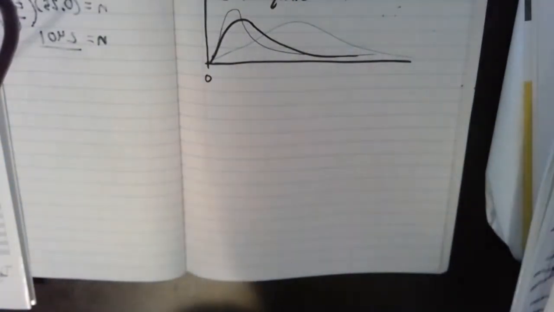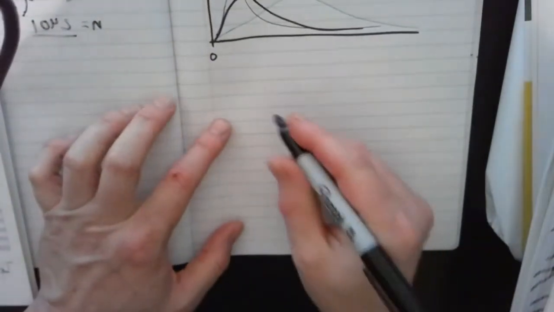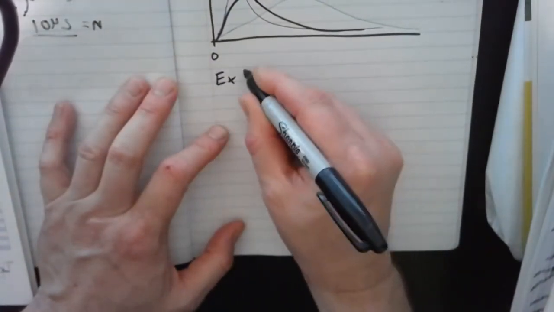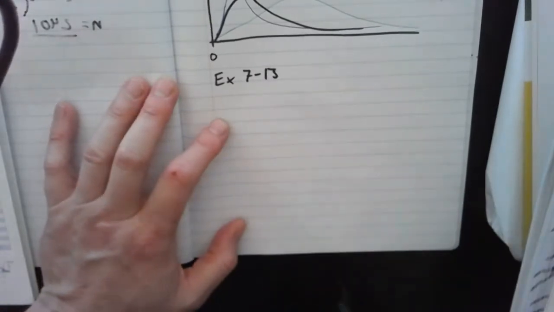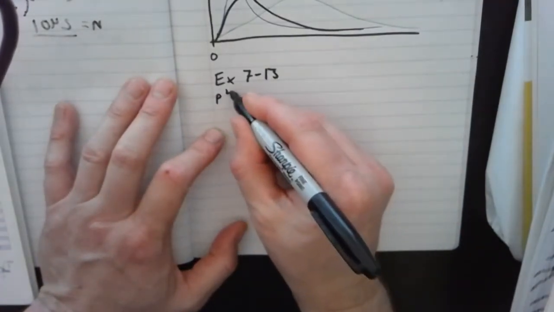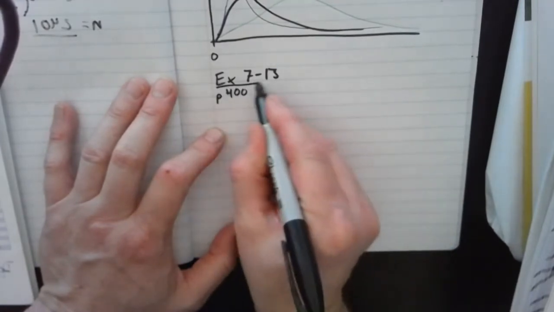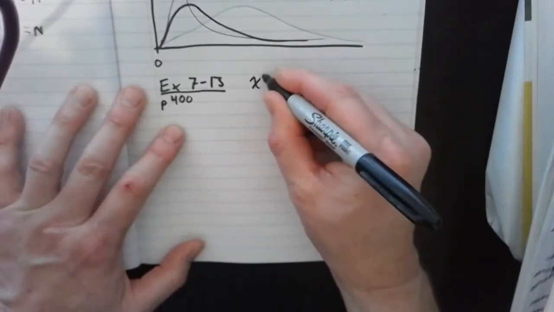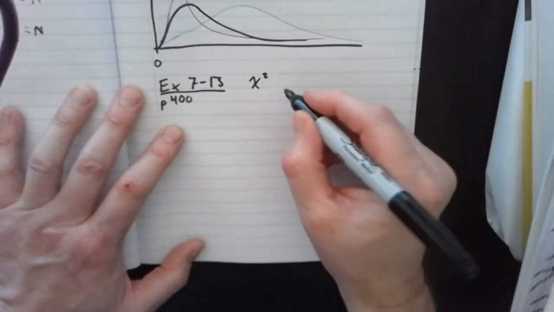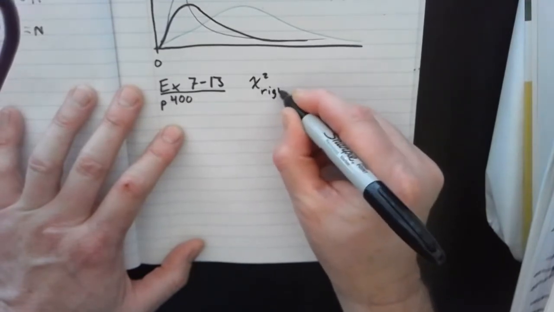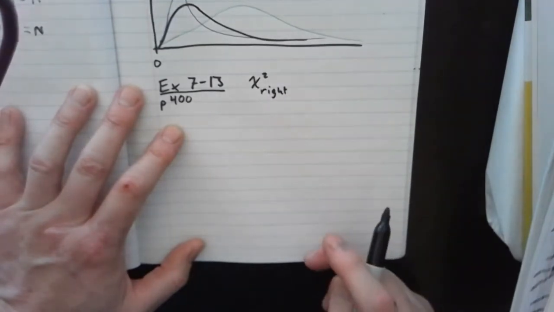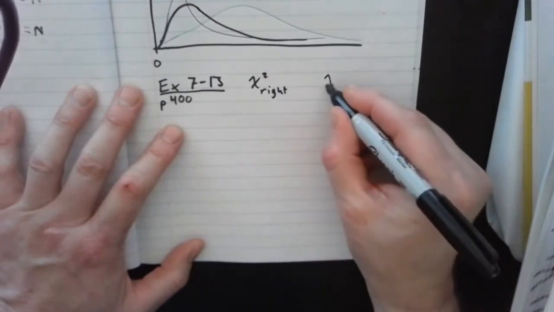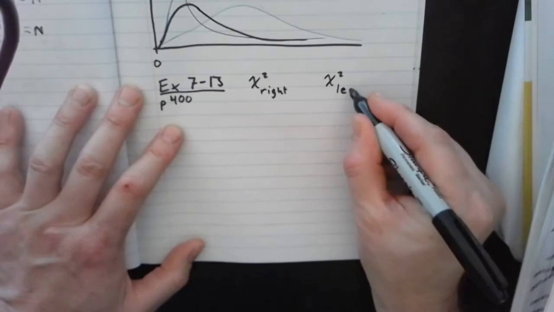I call it something a little differently, but I'll go over both my notation and the book's notation. All right, let me go ahead and put the book down and write this up. So this is example 7-13, and we're on page 400. We're going to go ahead and find chi-squared subscript right and chi-squared subscript left.